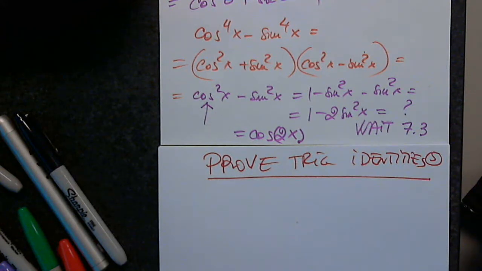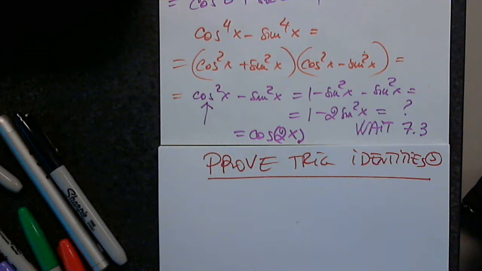No. If I'm told this is an identity that's carved in stone, but I have to do one of three possibilities. One possibility is I start with the left-hand side and I work my way to the right-hand side without touching the right-hand side, just peeking from time to time.